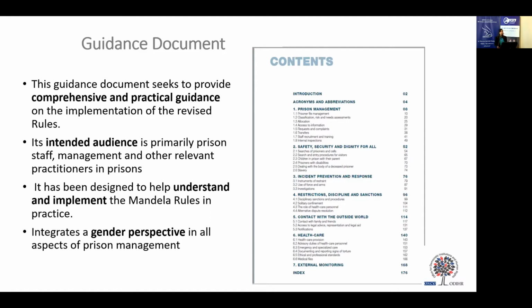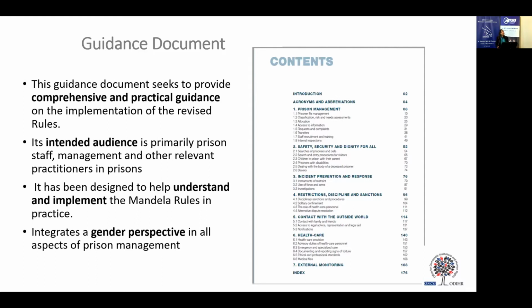It's maybe difficult to read here, but you can see in the paper publication: prison management, safety and security, incident prevention and response, restrictions, discipline and sanctions, contact with the outside world, healthcare, and finally a short section on external monitoring.